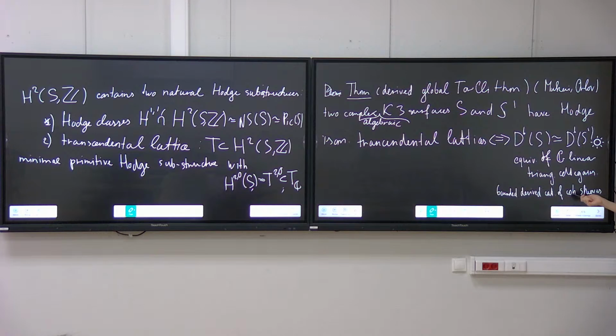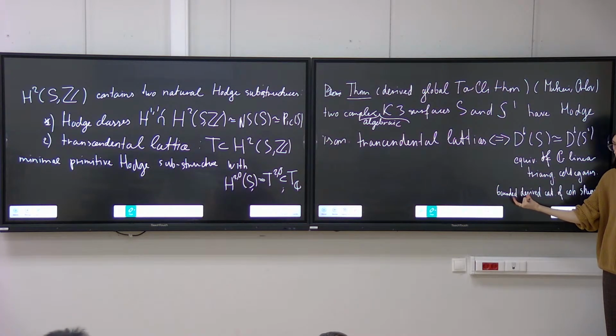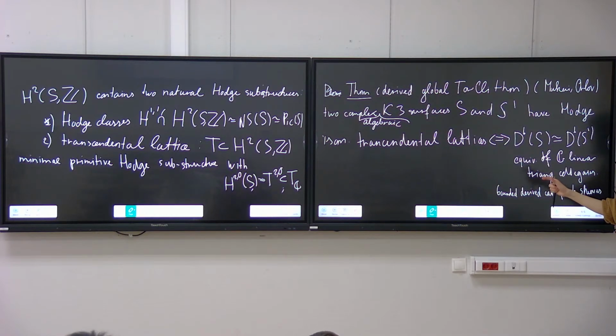So here we consider an abelian category of coherent sheaves, and now we can associate to an abelian category the so-called triangulated category, the so-called derived category. More or less, we invert quasi-isomorphisms. We will discuss this more concretely later.